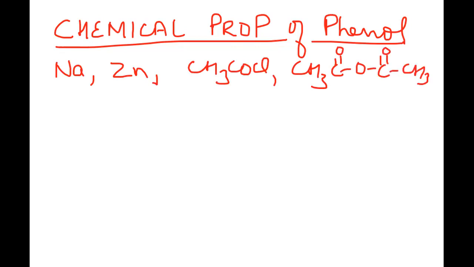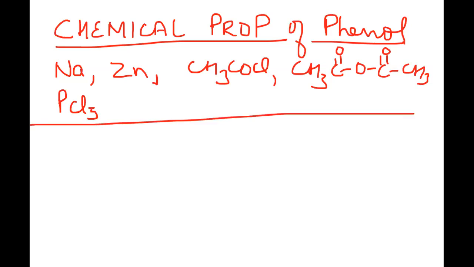Then you have to do reactions with PCl5, and reactions of bromination, nitration, and sulfonation. And of course, two other special reactions, the Kolbe's reaction and the Reimer-Tiemann reaction. So first we'll try to complete these reactions. Very quickly we'll just write the reactions.